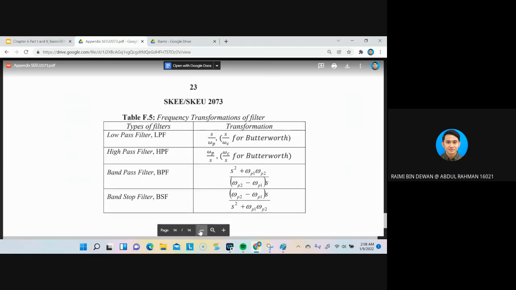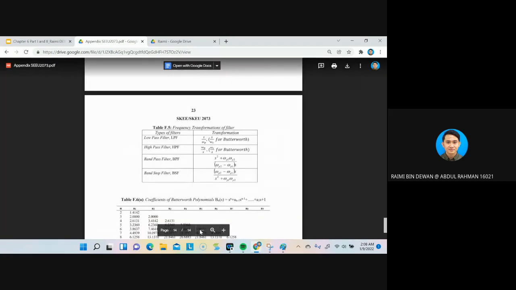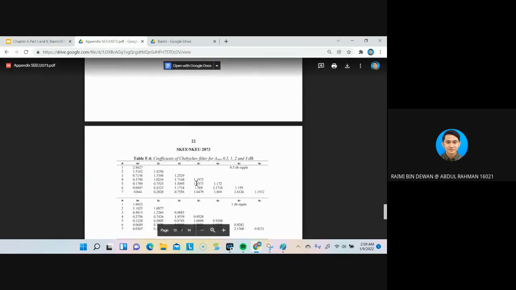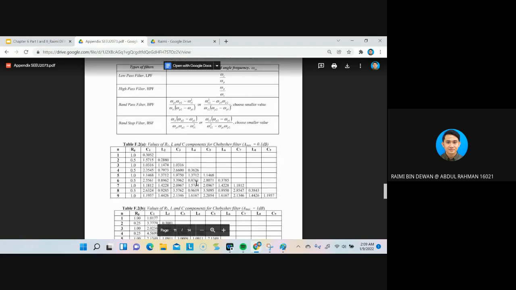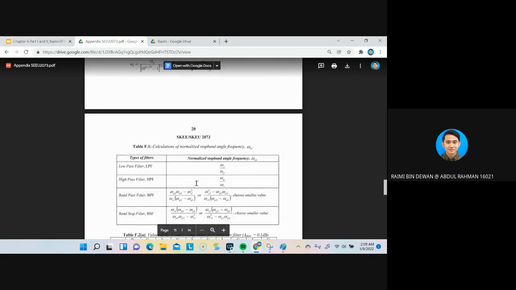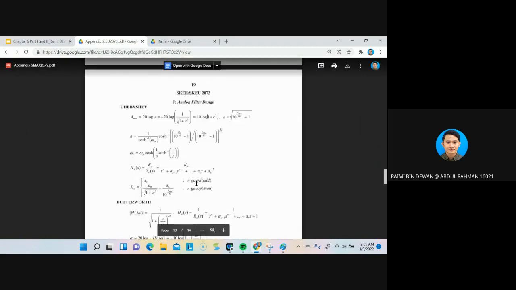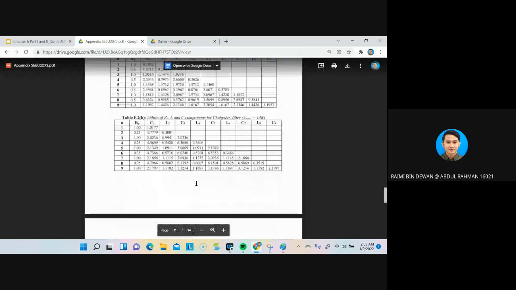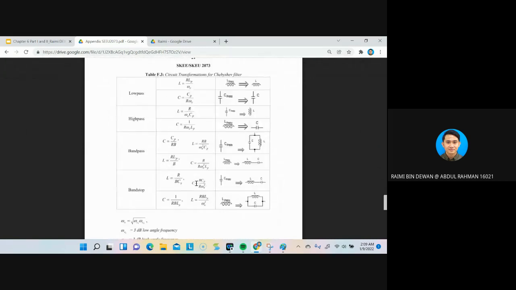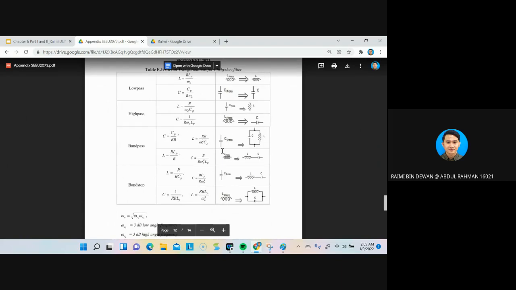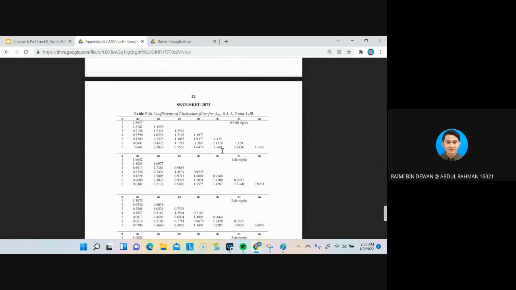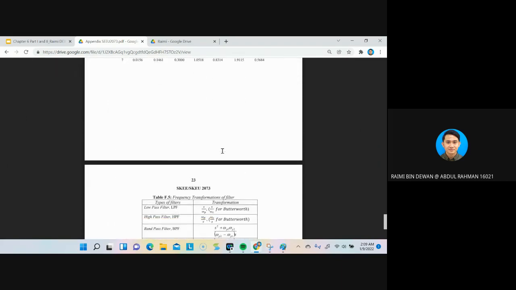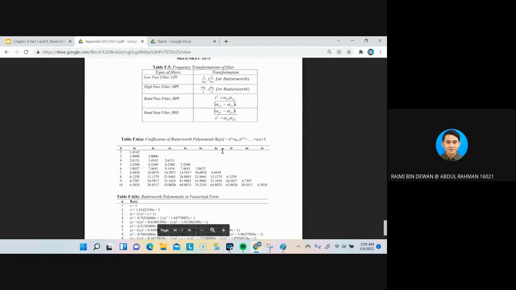I minimize it. Okay, so the transformation table shows Chebyshev and Butterworth. Going down, F.1, you can see the transformation. This is the circuit transformation for Chebyshev, but we go for the Butterworth.